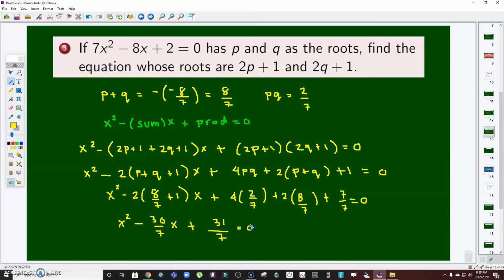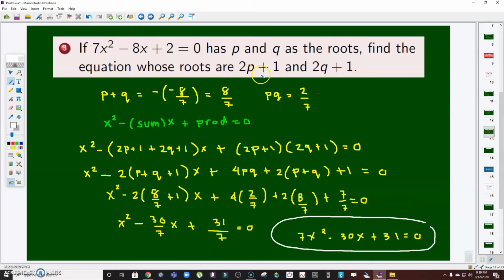Since the practice here is integer coefficients, multiplying both sides by 7, the final answer will become 7x squared minus 30x plus 31 equals 0. Once again, this is the required quadratic equation whose roots are 2p plus 1 and 2q plus 1, where p and q are the roots of the given quadratic equation.